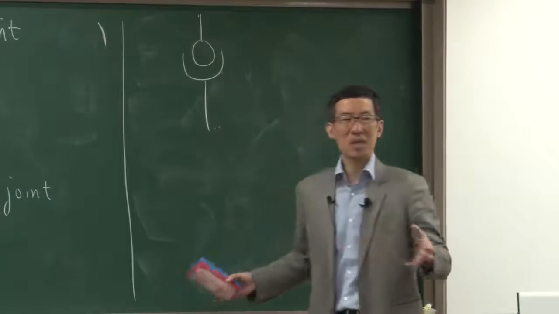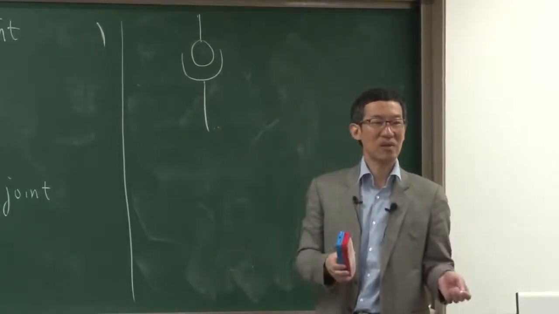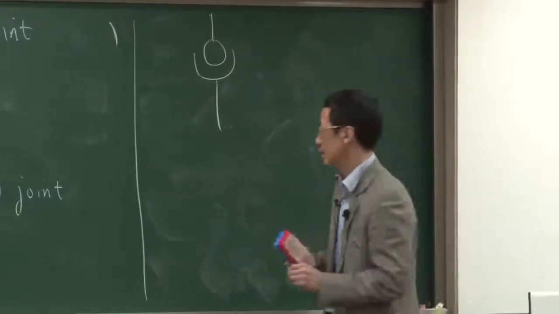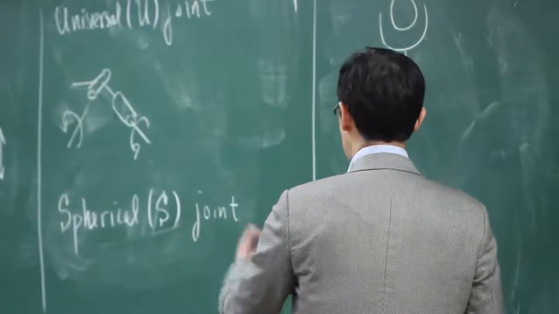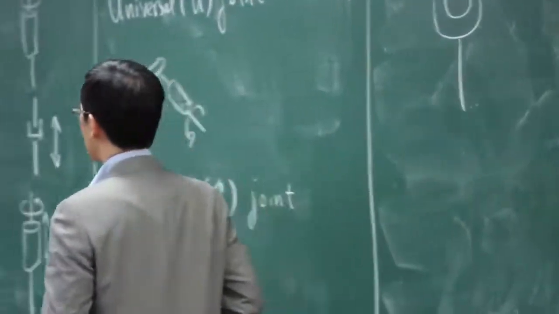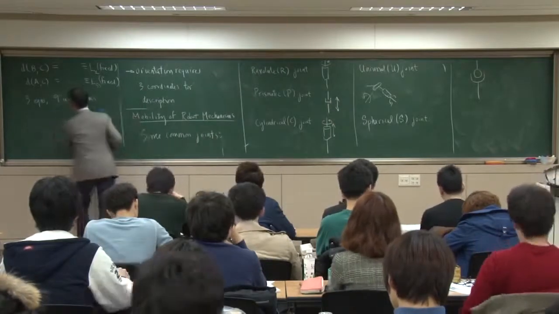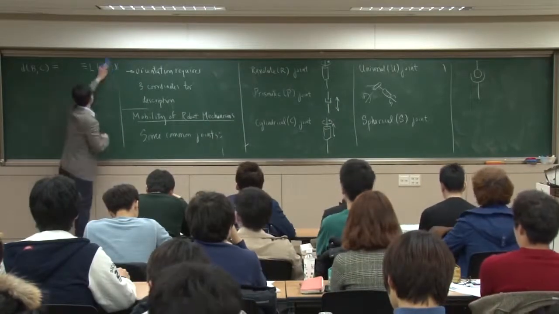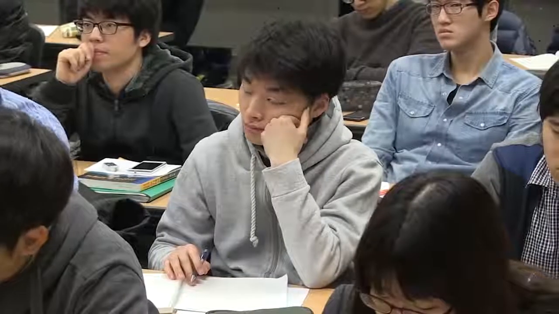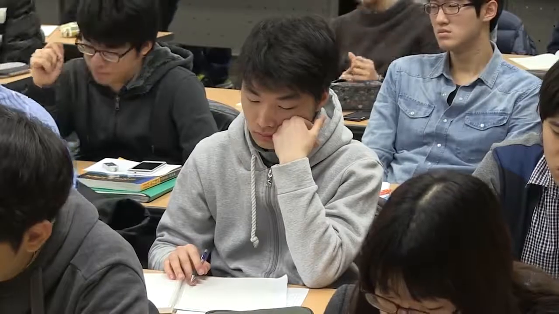Now we can also talk about the mobility or degrees of freedom of a joint. I don't want to make a big meal out of this, because it's intuitively pretty clear what we mean by the degrees of freedom of a joint.